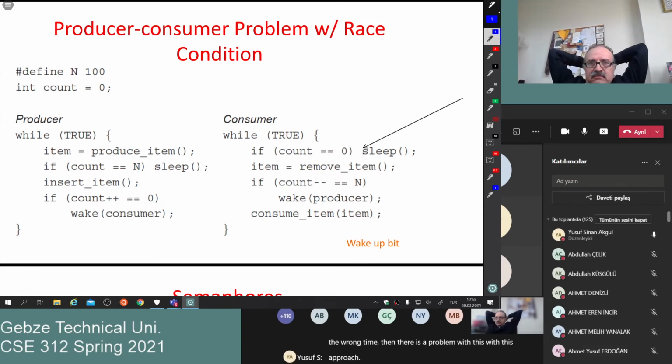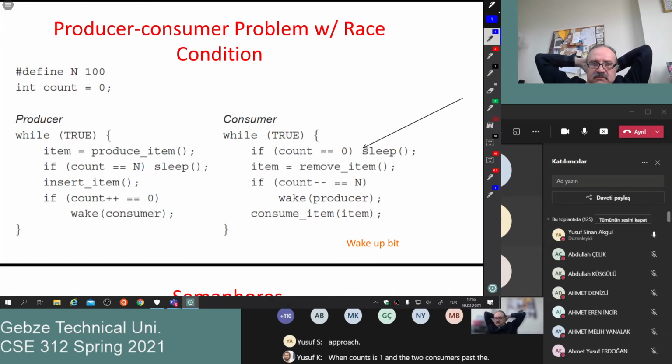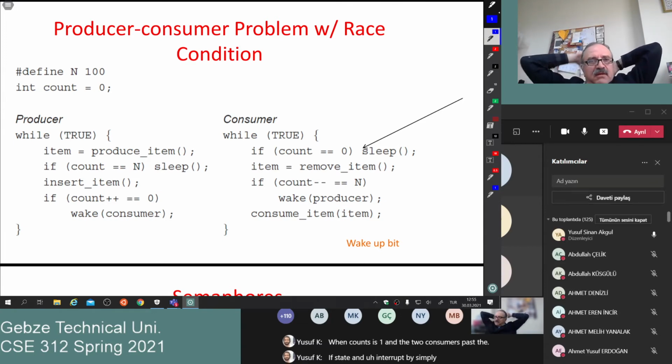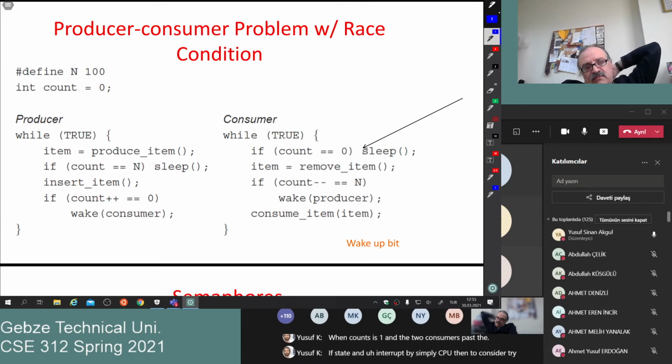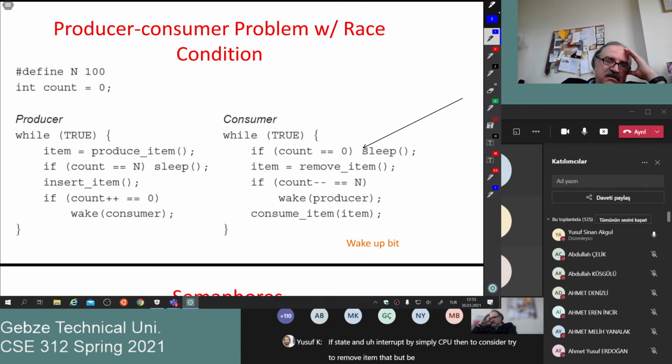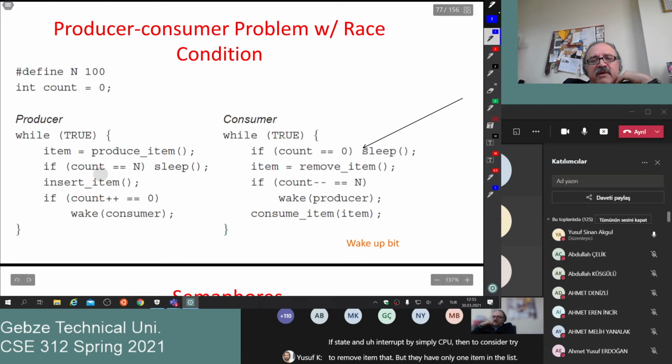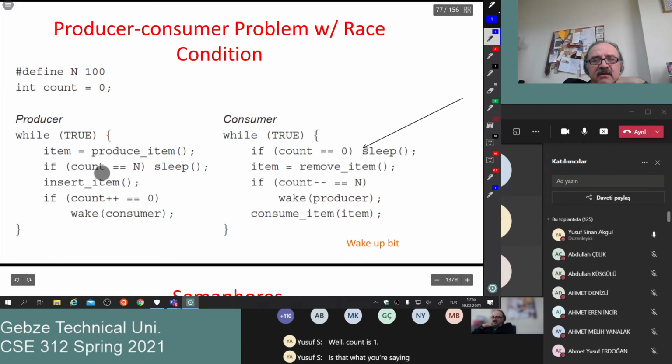When count is 1 and the two consumers pass the if statement and get interrupted by the CPU, then two consumers try to remove an item, but we have only one item in the list. When count is 1, I produce an item.